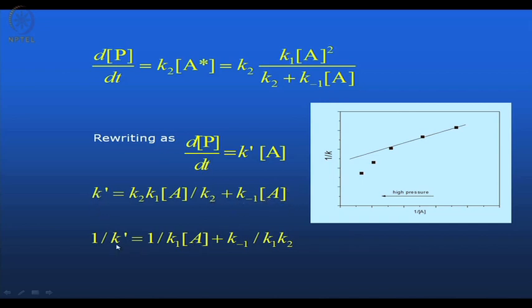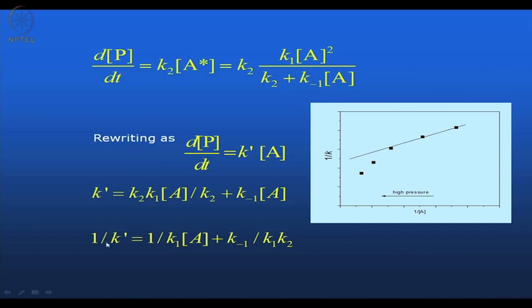If you invert it, that is if you take 1 by K prime, then this will be 1 by K1 A, because K2 gets cancelled, and K minus 1 by K1 K2. So, this is a constant quantity, and this is just a 1 by A dependence.